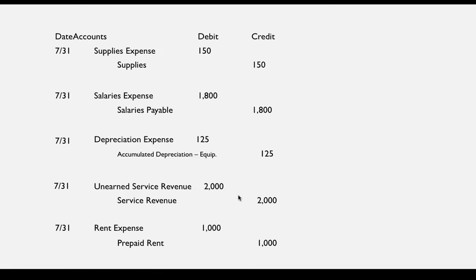And then you'll also notice that there were some accounts that you used in your adjusting entries that you hadn't used in your original journal entries. And so supplies expense, salaries payable, depreciation expense, accumulated depreciation, and rent expense, all of those will need new T accounts to show that they now exist.